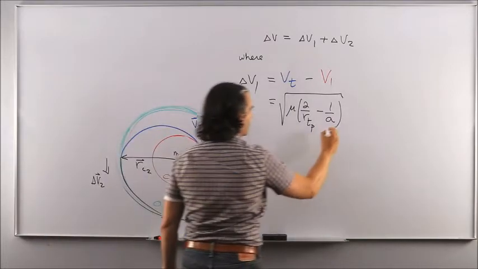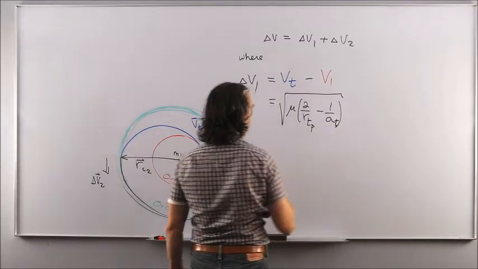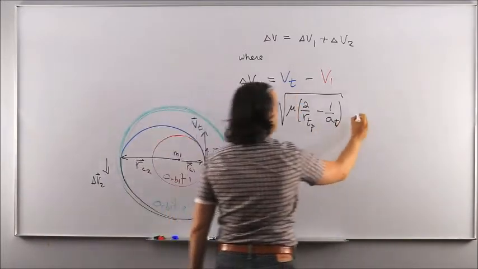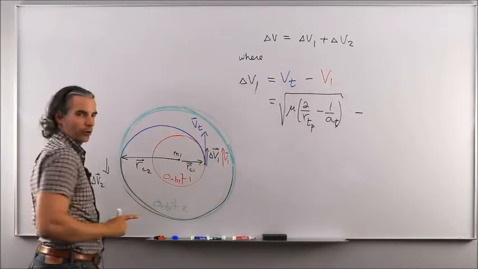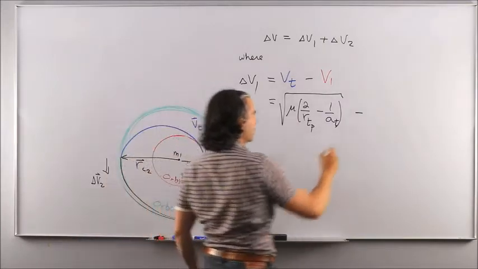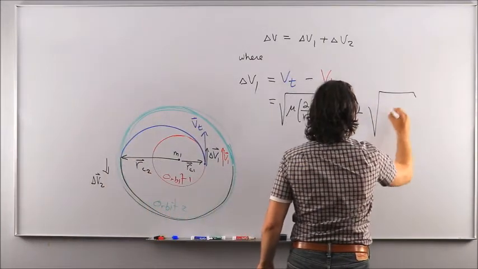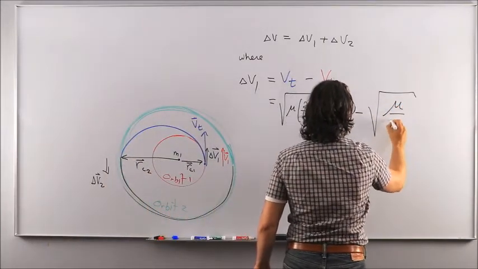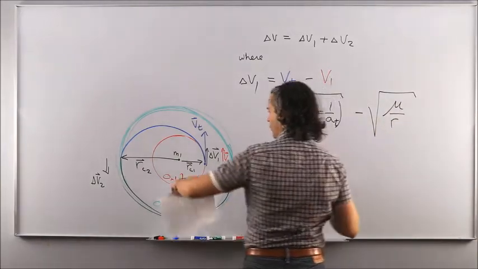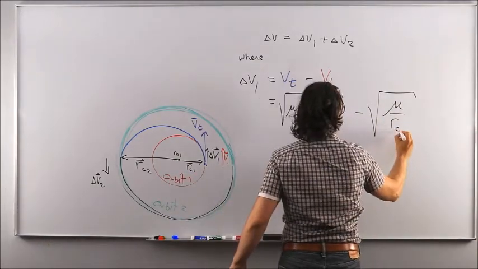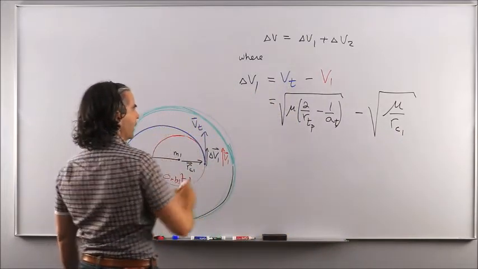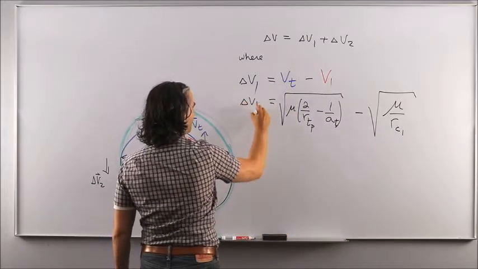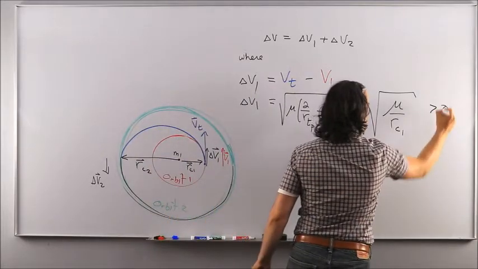Well, the transfer orbit, which is t, like that. All this is for Vt. Now minus the speed we had along the initial circular orbit, so V1, which is simply vis viva applied to circular orbit, which is mu over r. R of what? R of the circular orbit, number 1. Good. And all this will give you delta V1 being a positive number.